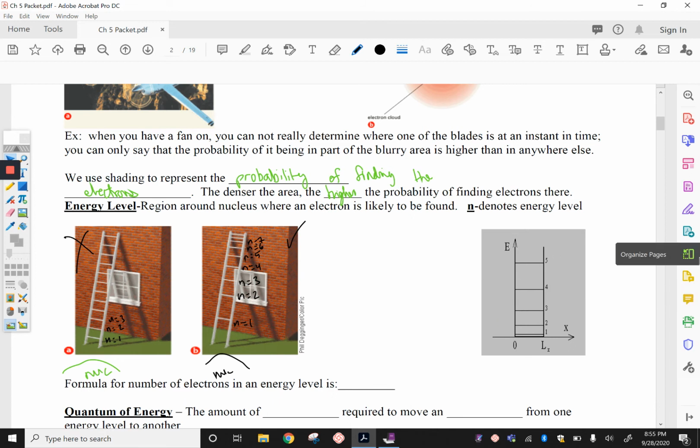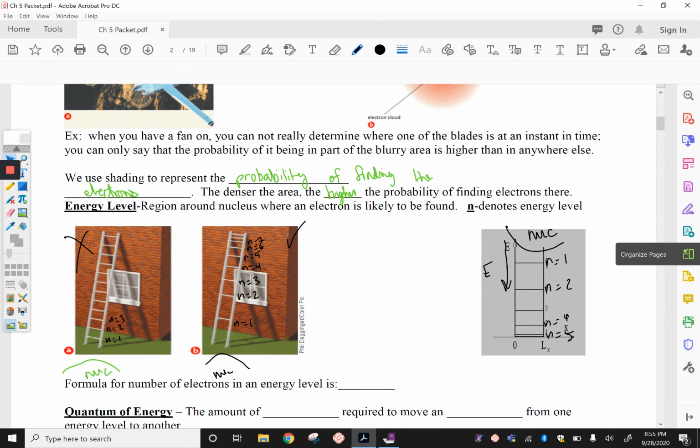That's opposite, right? So in reality, the nucleus would be here, not on the bottom. The energy would be increasing this way. This would be the first energy level, second, this one would be third, fourth, and fifth, because the farther you go away from the nucleus, the closer those energy levels become.